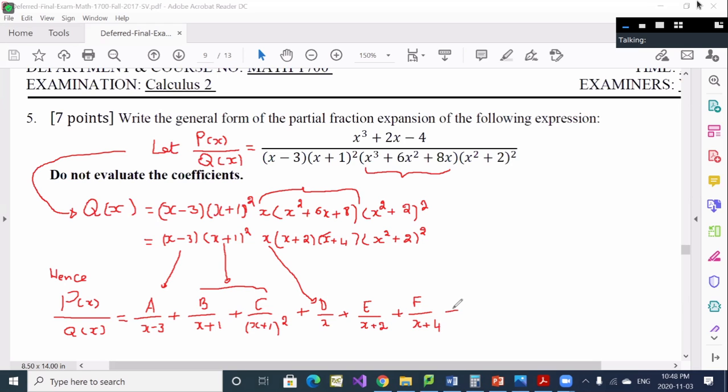Plus now, this quadratic factor is repeated, and for a quadratic factor you'll get two terms because it's repeated twice, and the denominator of the first term is just the quadratic factor.